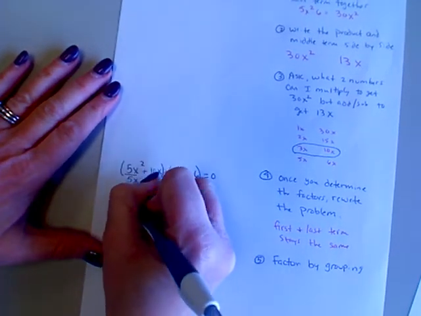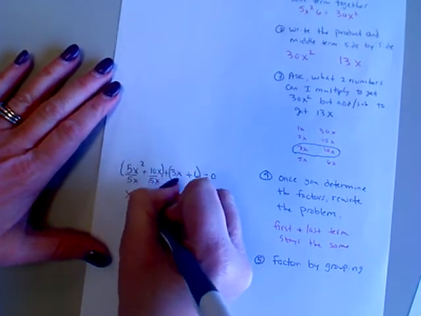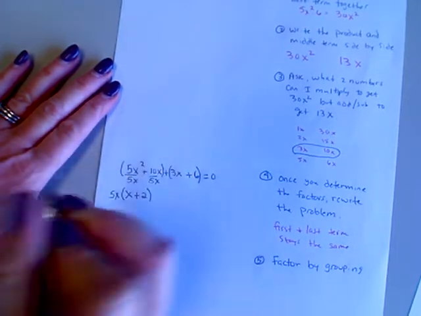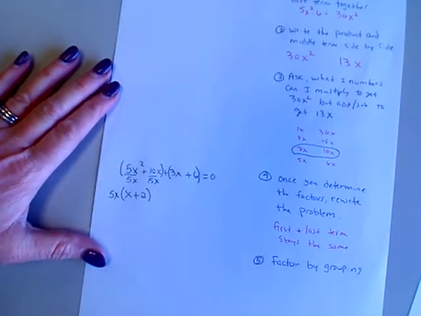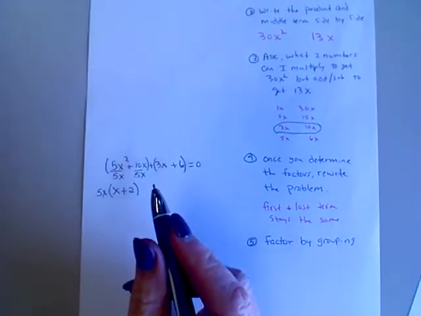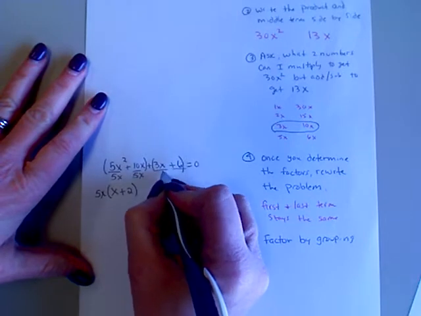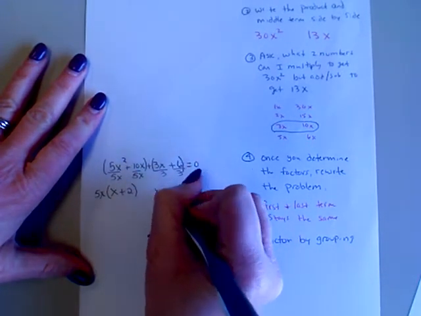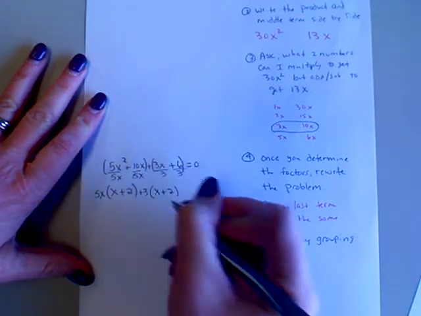And when you do, you're going to get x plus 2 in parentheses. Then out front, I'm going to write 5x. Greatest common factor in that second set of parentheses, 3. Divide both terms by 3. And when you do, you're going to get x plus 2, that's in parentheses, then the plus 3 out front.